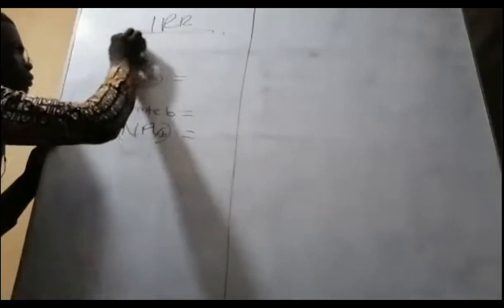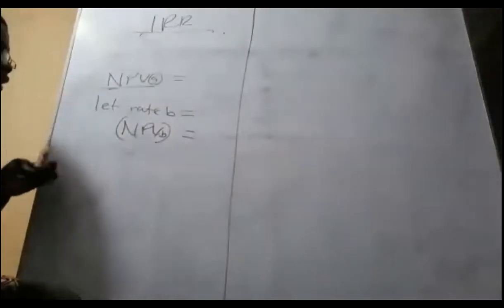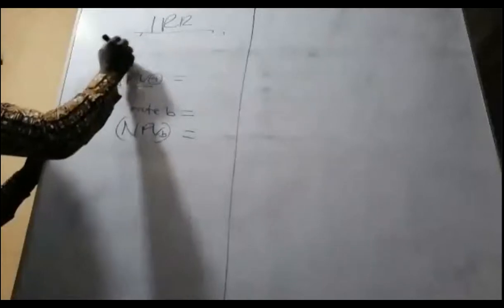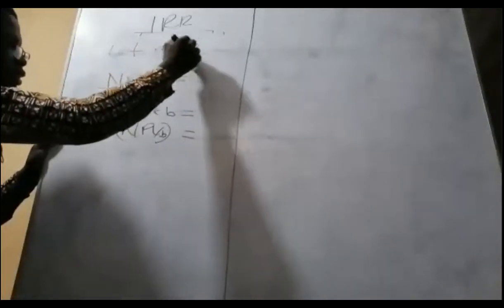We can just make it an equation to avoid trouble, like how I did the second one. So let rate A equal 10%, we are done. NPV A will be what? We've not solved that one yet, so we are about to do that.